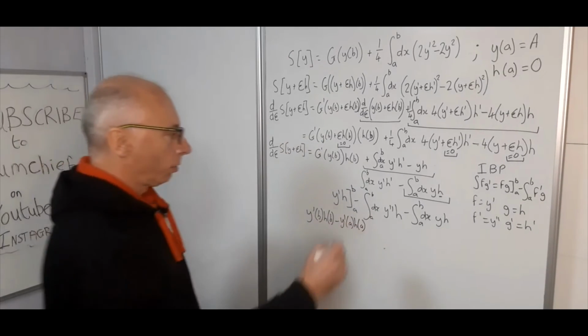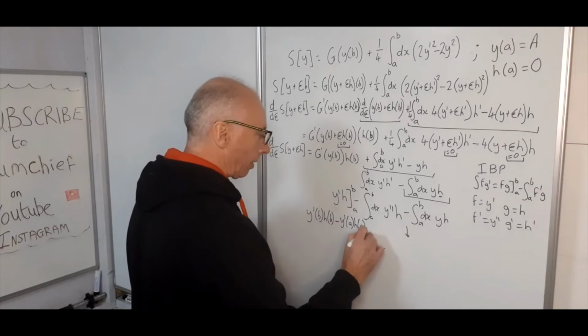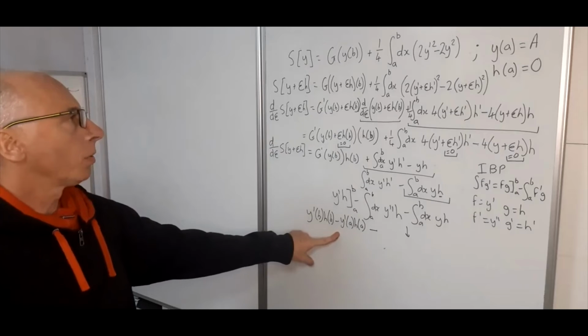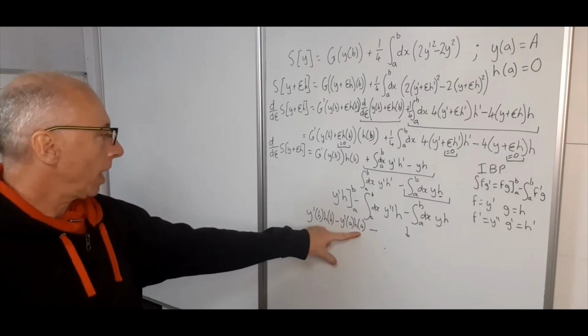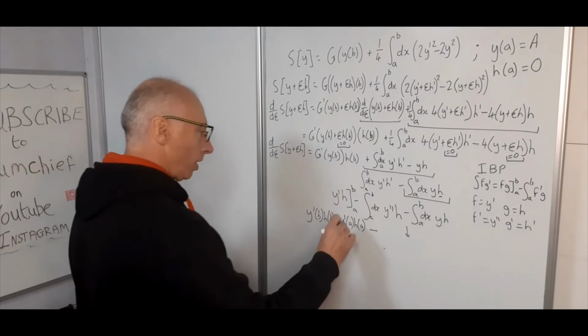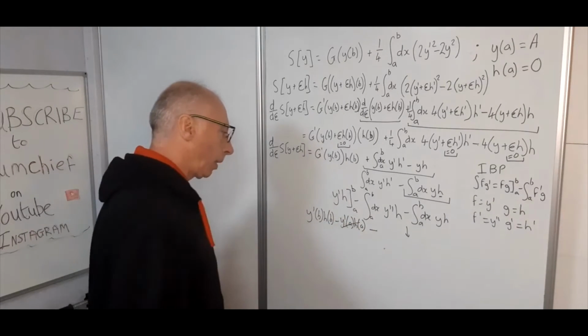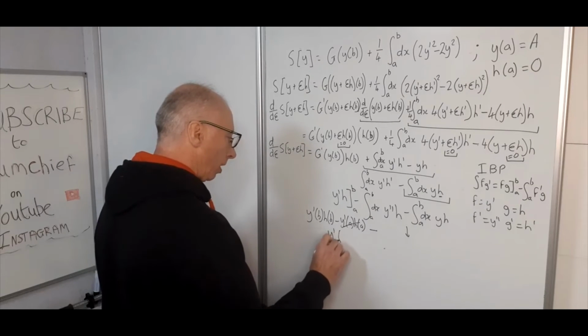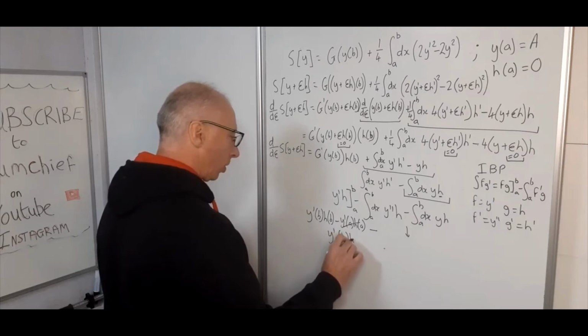Okay, then this integral will just carry on down. Just bring that down there. Take care of this a little bit more. The more we can do, because what we do know, we know the value of h of a. So h of a equals 0. So this term here is now going to disappear. So then that gives us y prime of b, h of b.